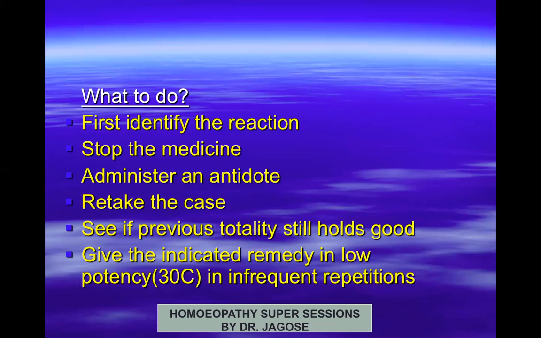So after you've retaken the case, you see whether there is a new totality or whether the old totality still holds good, and accordingly give the medicine. The medicine should be given in low potency, say for example 30C in infrequent repetitions.